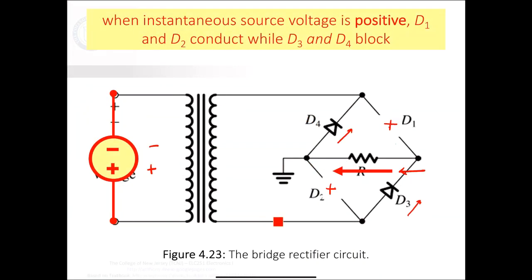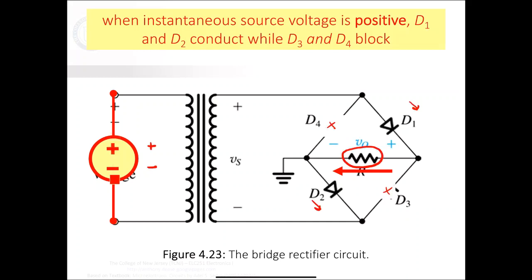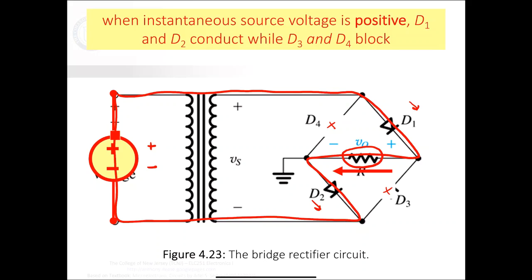So let's take a look right here. When the rectifier is conducting, I'm going to draw a line here that shows the entire path of the current. So it looks like this, looks like this, looks like this, looks like this. Okay, so if I were to write out KVL for this, I'll call this VS. These will have a voltage VD across them, which will be approximately 0.7 volts.